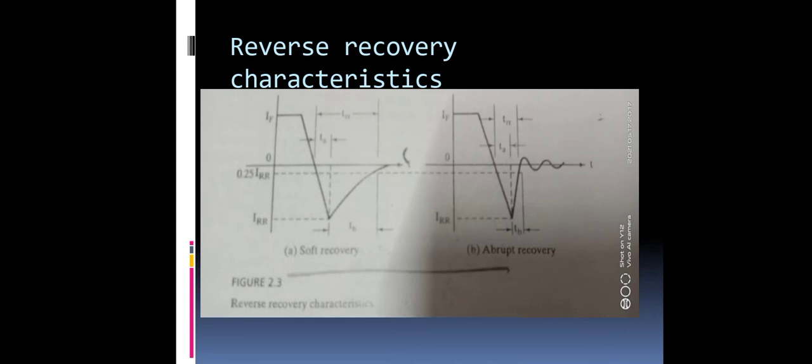TRR consists of two components, TA and TB. TA is the charge storage in the depletion region of the junction, and it represents the time between the zero crossing and the peak reverse current IRR.